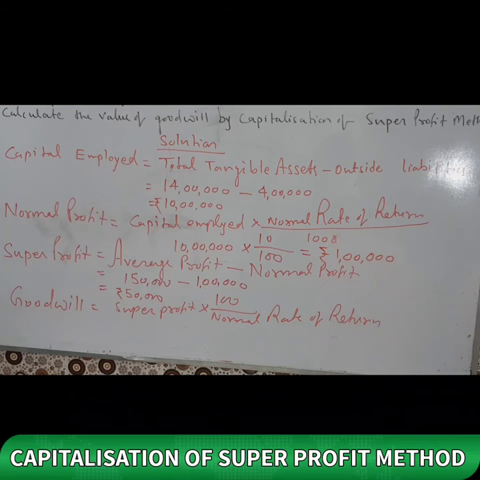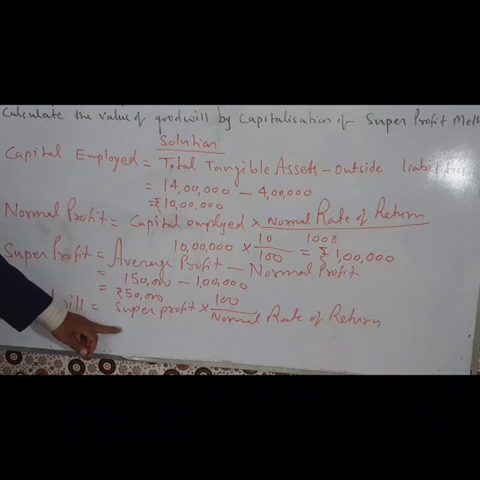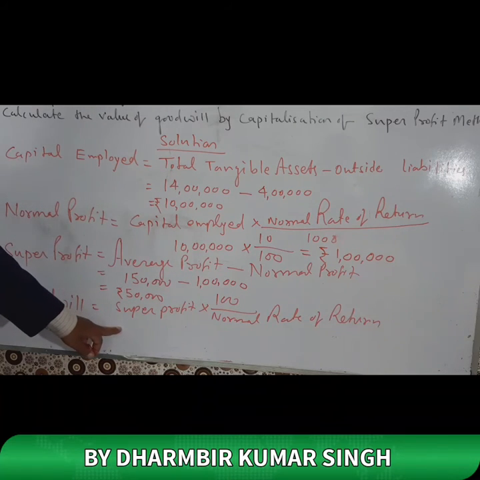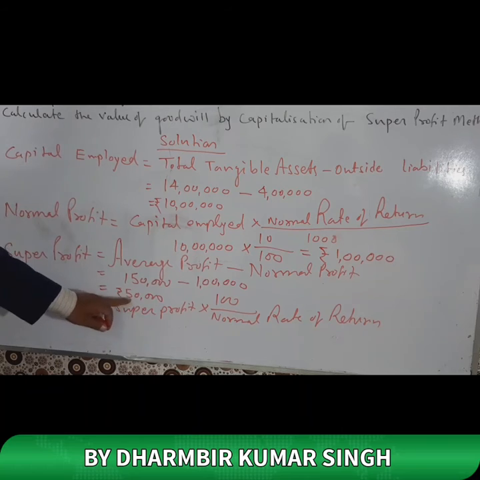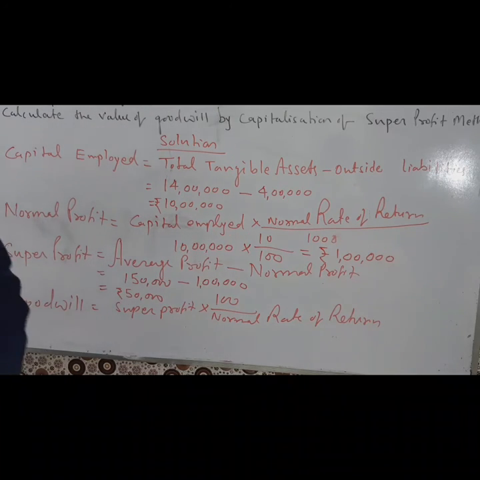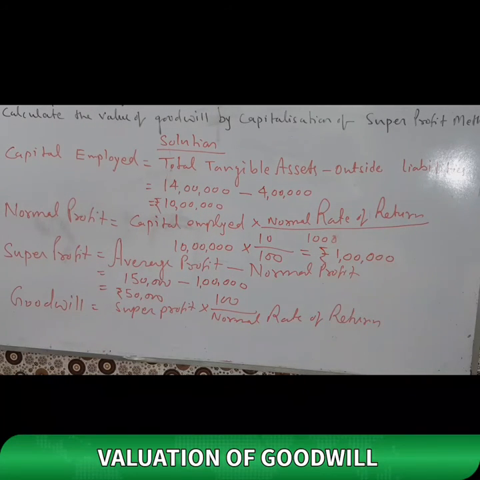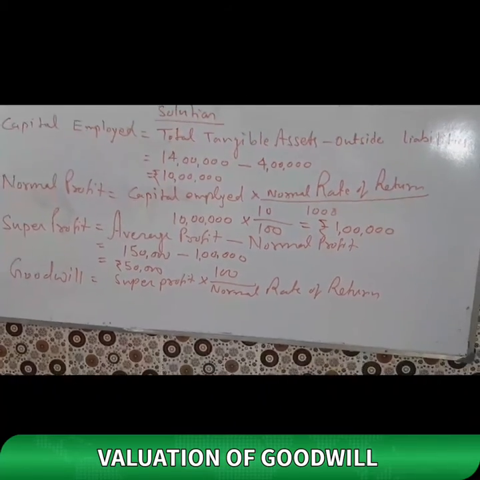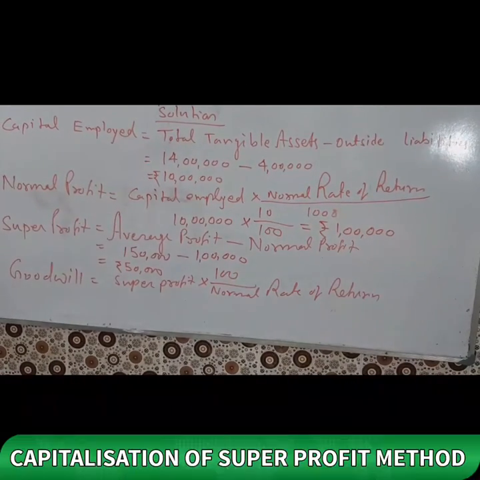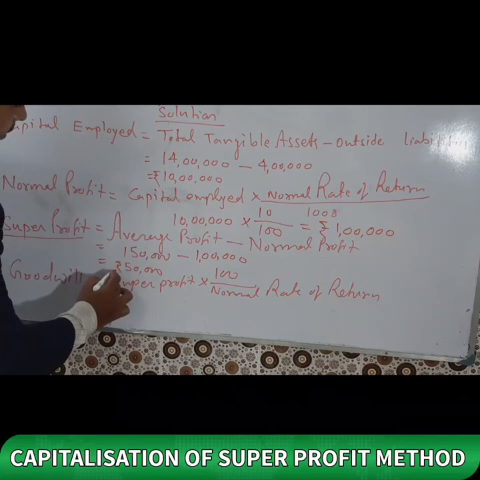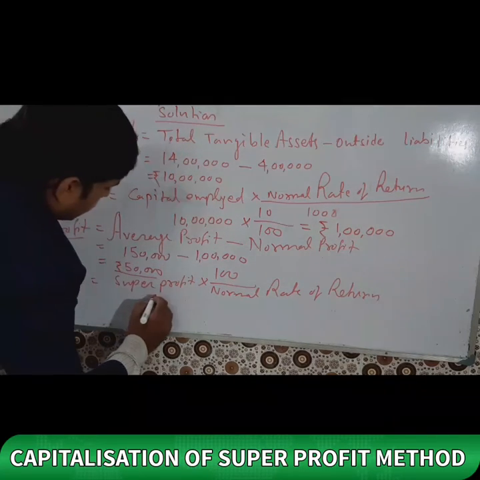Super profit, how much? 50,000, into 100 divided by 10. The super profit is 50,000.